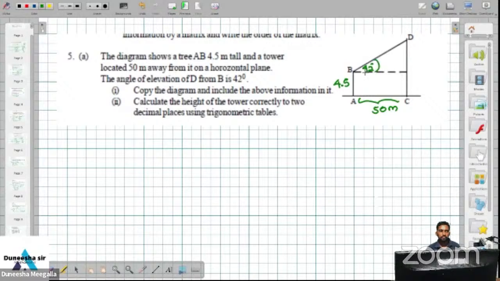Copy the diagram and include the above information on it. Then this is also 50 meters. This is the tower. Can you find out the tower height?